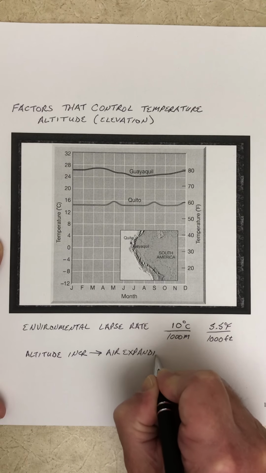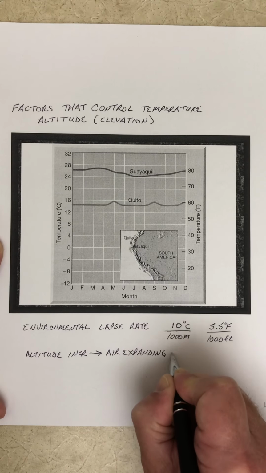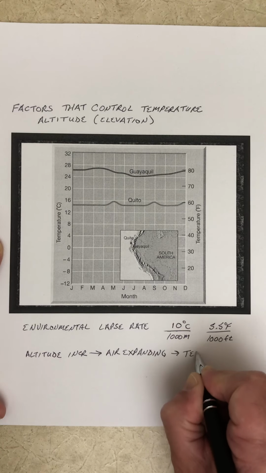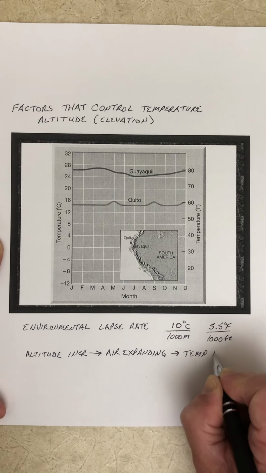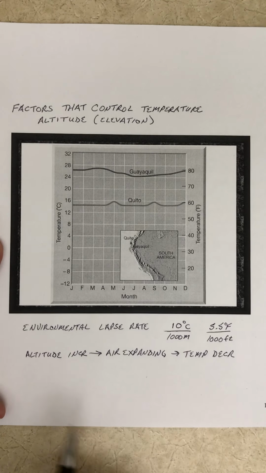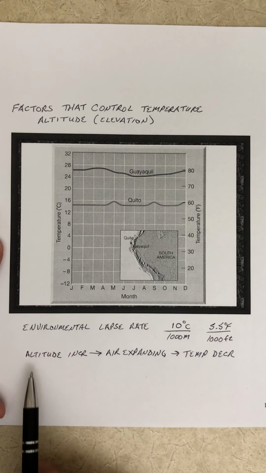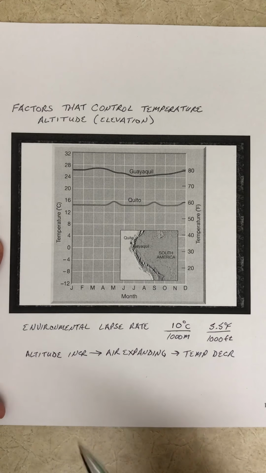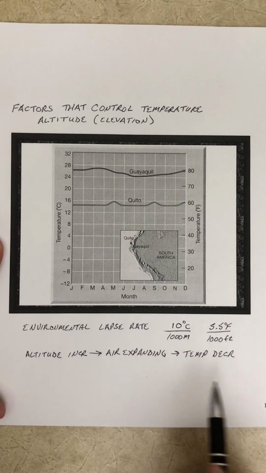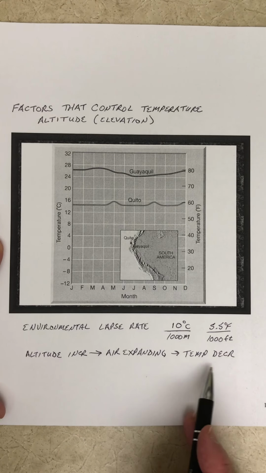And as air expands, its temperature is going to decrease. So this is a chain reaction that takes place in the atmosphere. Whenever air rises, whenever you go up into the atmosphere, that air is going to expand, and that expanding air is going to cause the temperature to decrease.